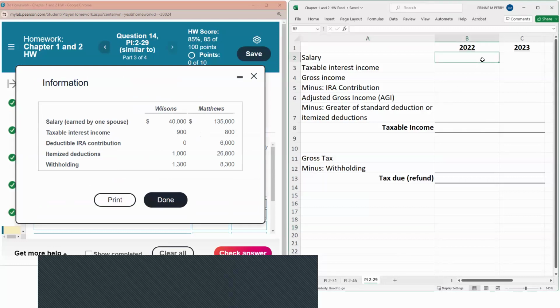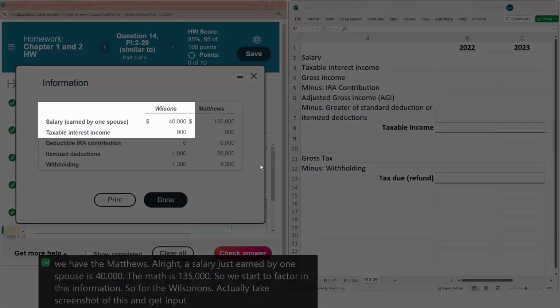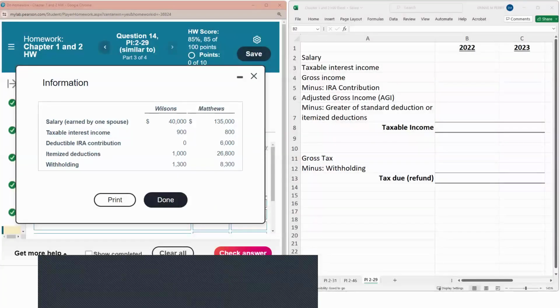So for the Wilsons, I'll actually take a screenshot of this so we can input the information side by side. And then we'll look at the difference from 2022 to 2023.